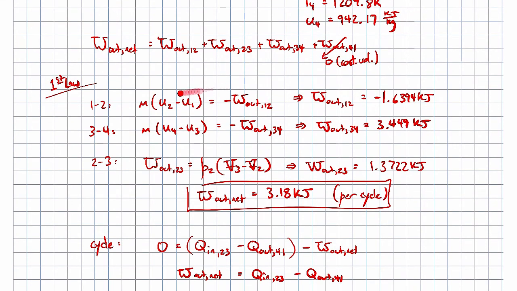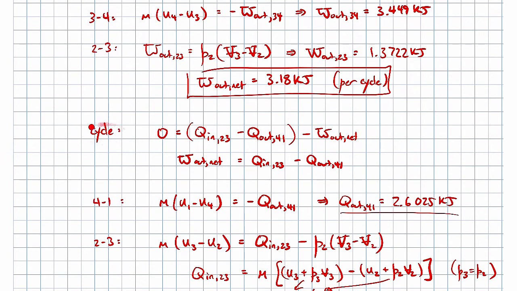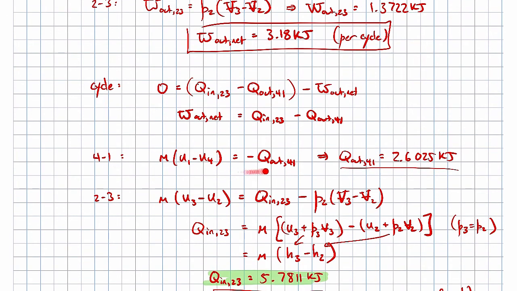You can find the work individually for each process. And then for the diesel cycle, we did some PdV work, and we summed that up to get the net work out. Another way you could do it is to do the first law over the whole cycle, and then calculate the heats that have been added or removed during different portions of the cycle using the first law.